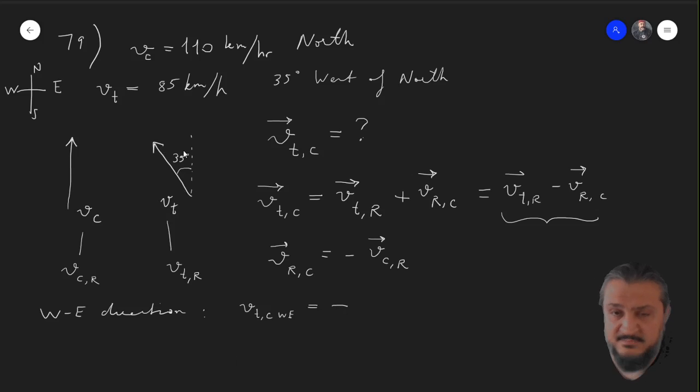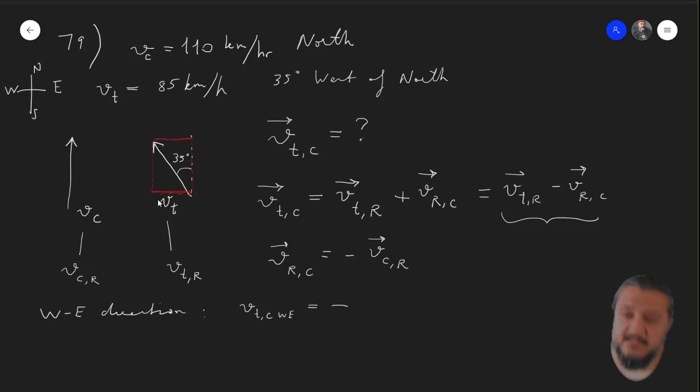Why sine? Just box it like we did before. We want to find the east-west component, which is the side opposite to 35, therefore I need the sine.